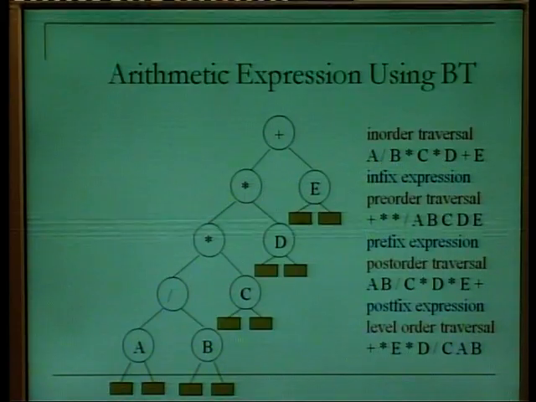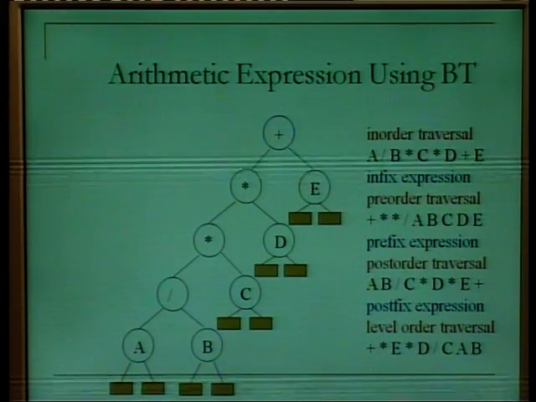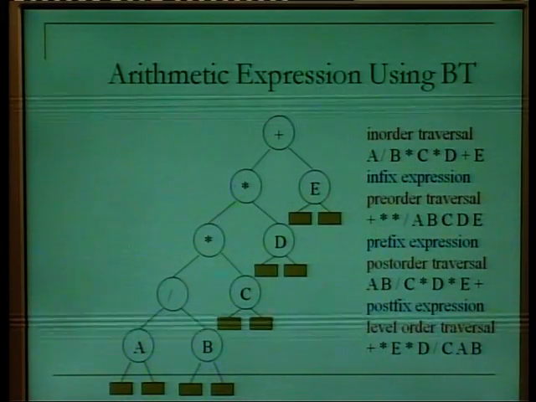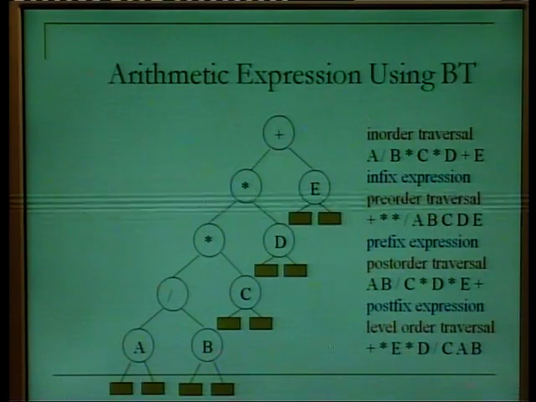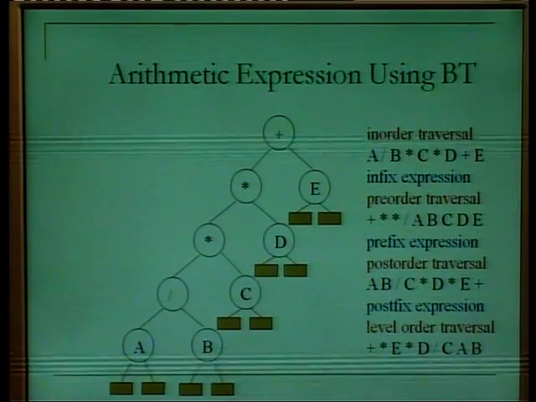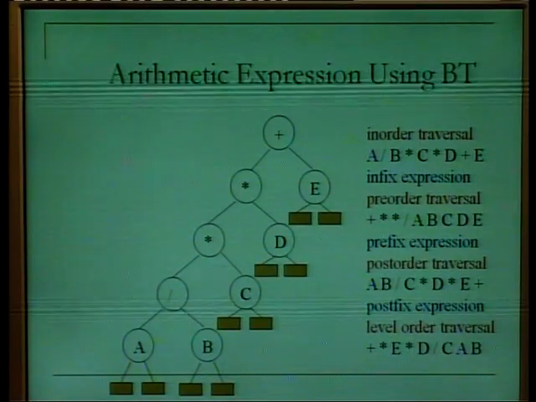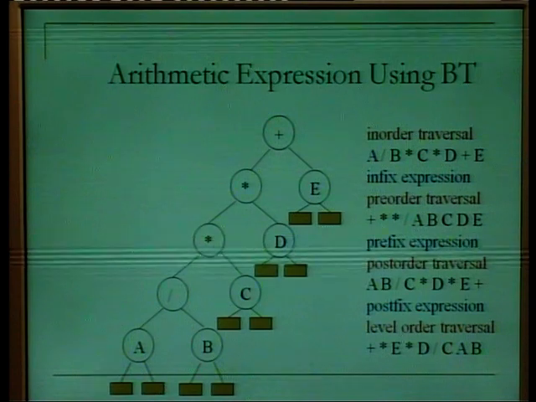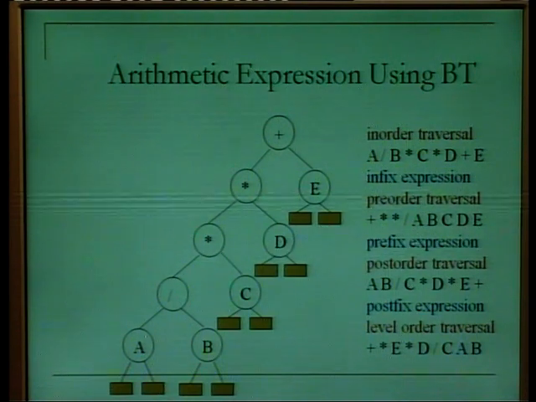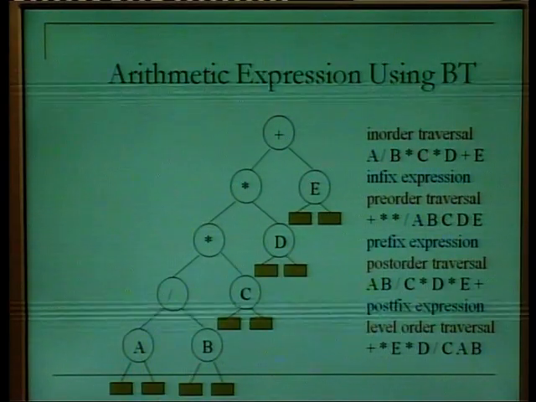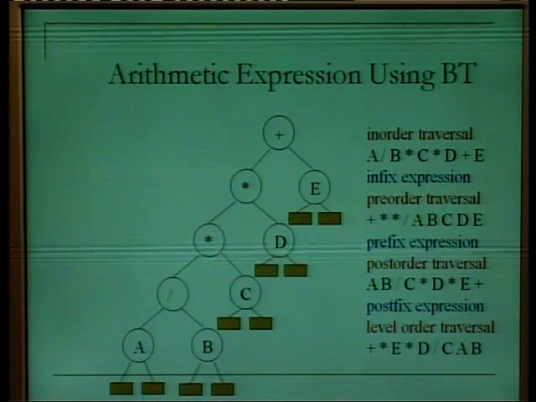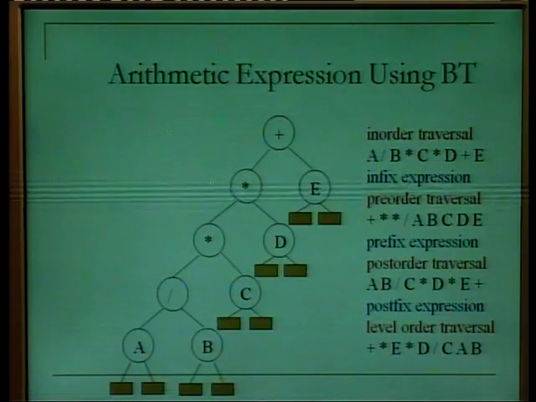For example, in in-order traversal, this tree is traversed as A divided by B. A and B are two operands and division is the operator, so A comes first, division in the center, and B on the right side.